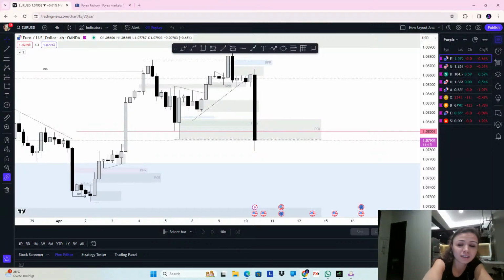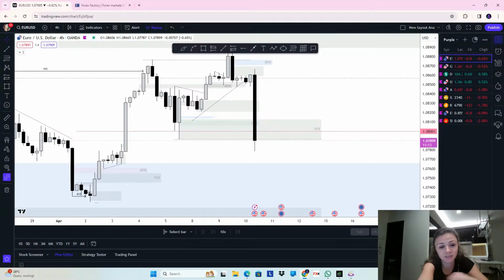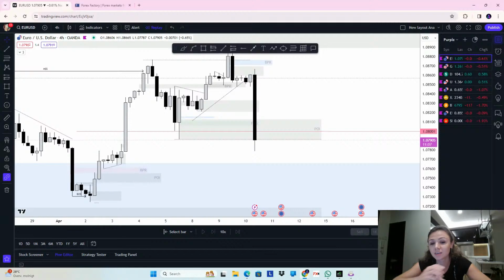But I don't have a strict time, like from 8 to 9 or from 7 to 10, that I have to take a trade, because I don't trade silver bullet. I know silver bullet is strictly based on time, but I do follow time and price. ICT is all about time and price.